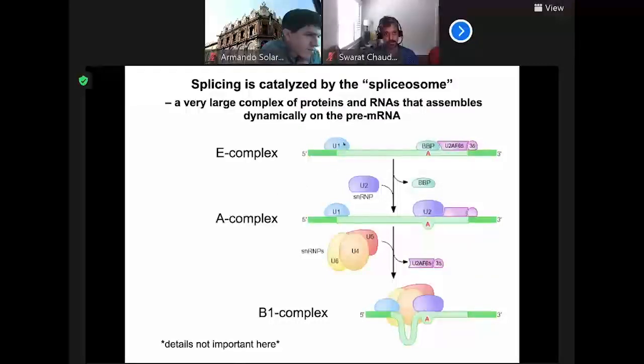The U1 SNRP recognizes what's called the 5' splice site at the 5' end of the intron. Then there are components, U2AF and others, that recognize signals at the 3' or downstream end of the intron. These components replace one another: BBP and U2AF, which are there early, are then replaced by U2 prior to the first step in splicing, in different well-defined complexes.